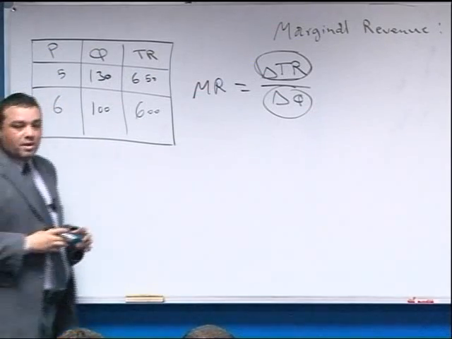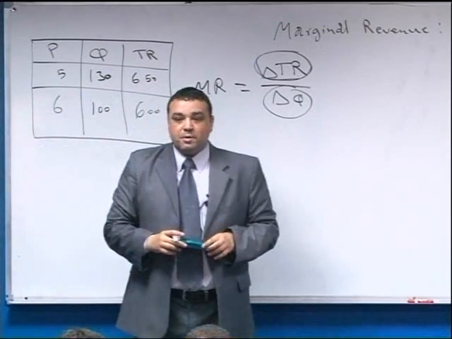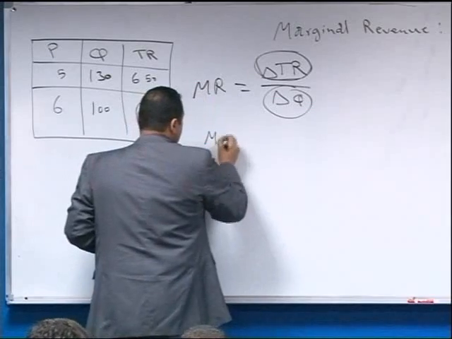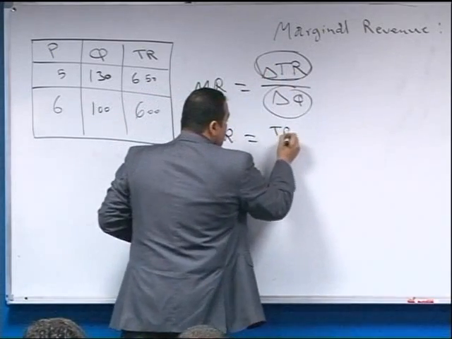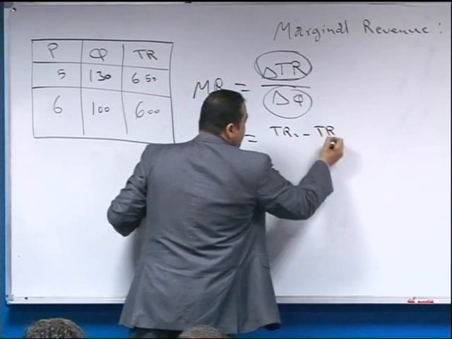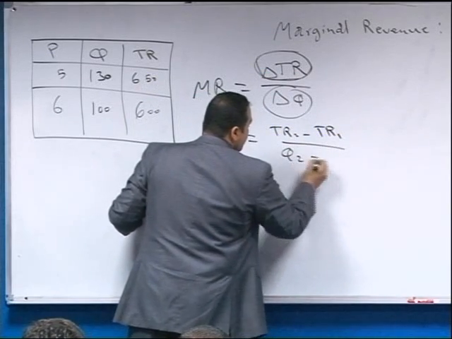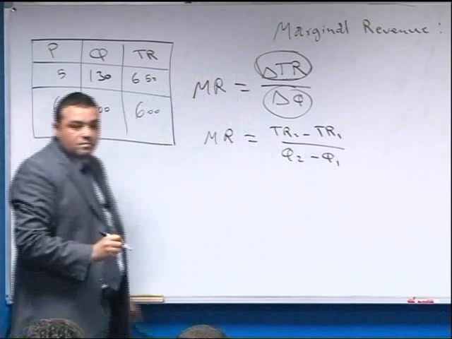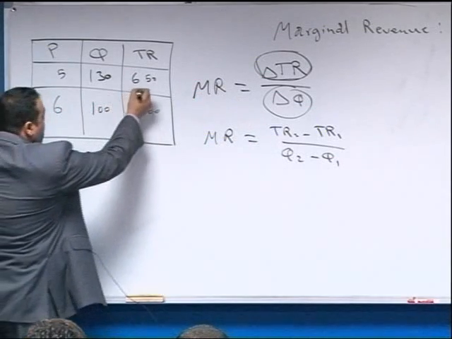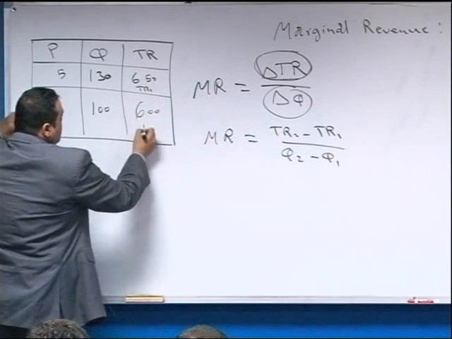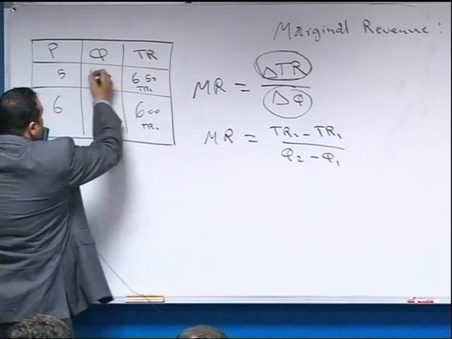Let's calculate the marginal revenue. The marginal revenue equals delta TR, which means TR2 minus TR1, over Q2 minus Q1. So this is TR1, TR2, Q1.